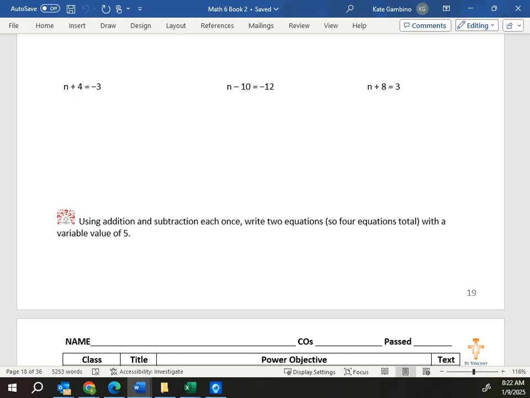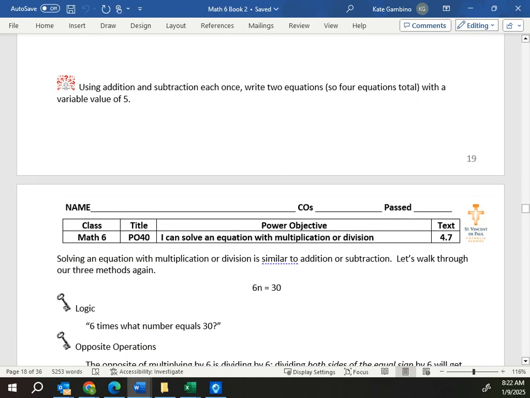So we have 4 equations total with a variable value of 5. So our n, we're going to know, equals 5. The way I do this is I write an equation using 5 to start with, and then I end it by putting that n in for the 5.